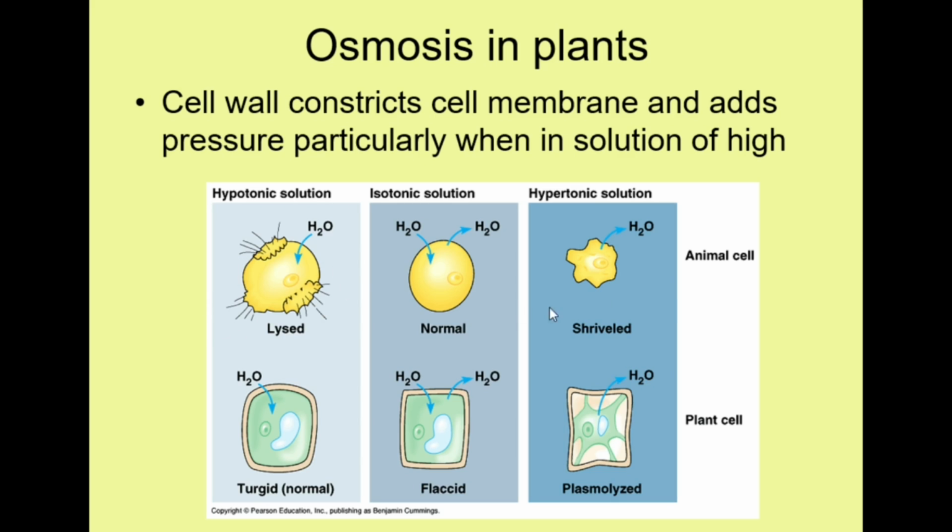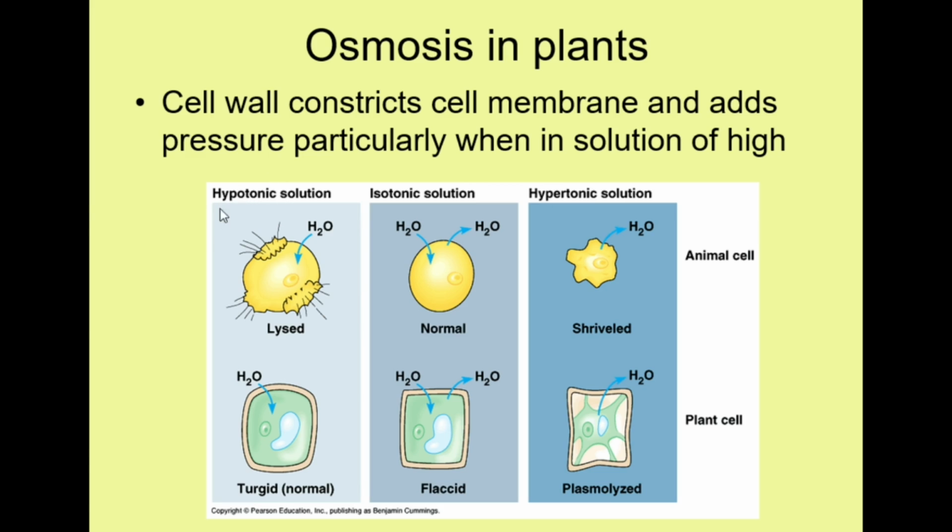If we look at the top part of this diagram, we can see the same as what I just showed you with the red blood cells. So these are 3 animal cells. In the middle here, we have an animal cell in an isotonic environment, so an isotonic solution, and we can see that the cell is normal, it's happy. On the left, so this is the other way around than on the previous diagram, we've got a hypotonic solution.